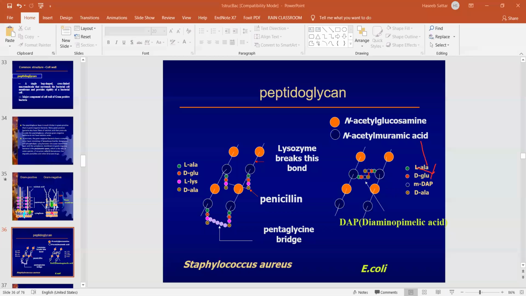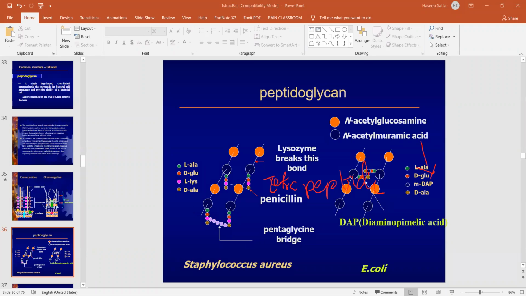These are the glycan units, and this muramic acid is this black one. Here you can see, on each muramic acid there is an attachment of a peptide chain. Actually, this is a tetrapeptide chain.